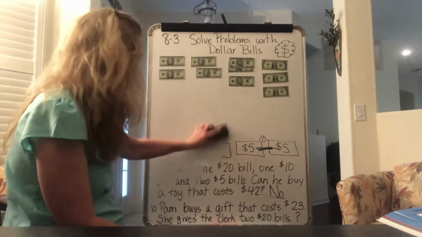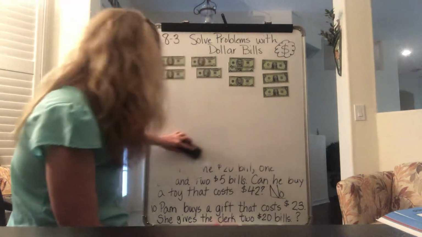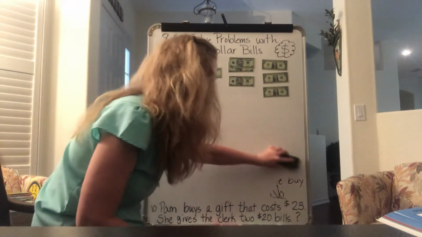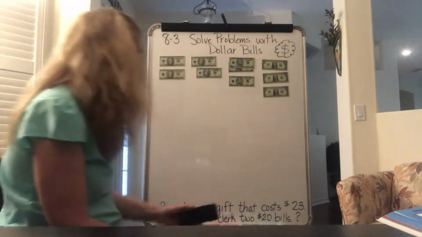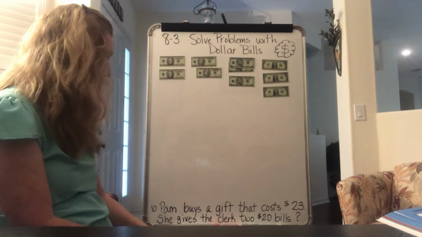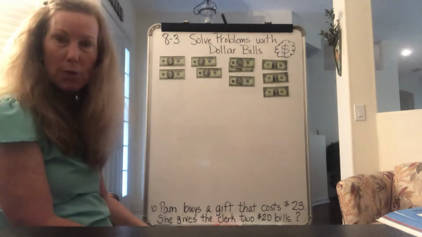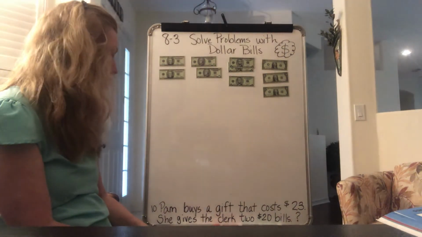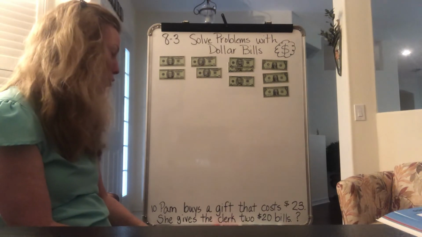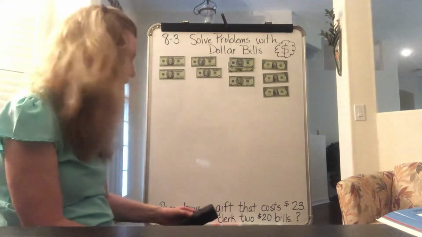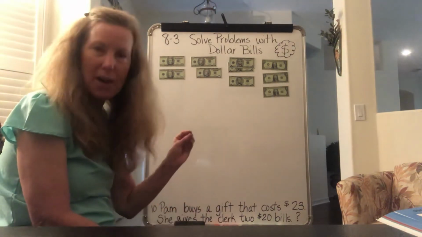All right, the last one is number 10. And number 10 says, Pam buys a gift that costs $23. She gives the clerk 2 $20 bills. And then I have a little question because I didn't have enough room to write it.